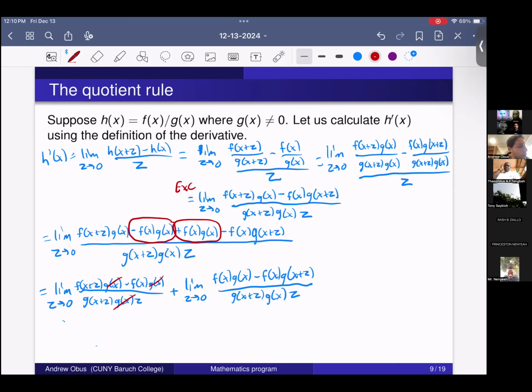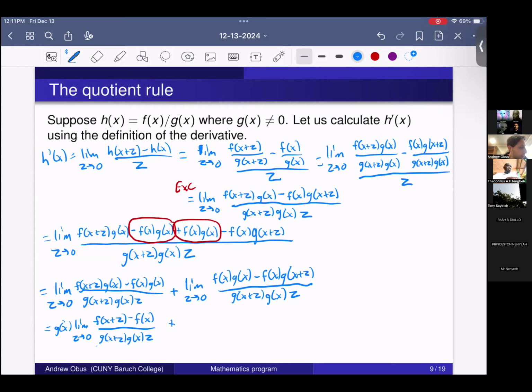And so you know what? I can do that, but I don't want to. Sorry. Let me do what I started doing. So this is equal to g of x times the limit as z goes to 0 of f of x plus z minus f of x over g of x plus z, g of x, z.